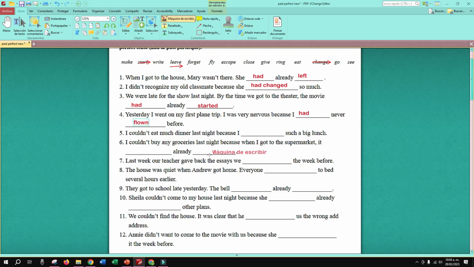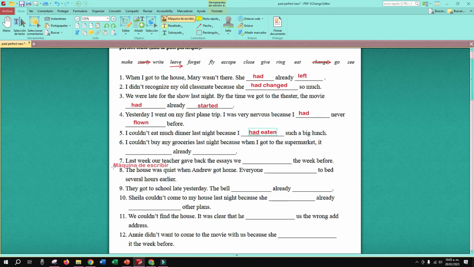Good. So I couldn't eat much dinner last night because I had eaten such a big lunch. That would be the reason. Excellent.